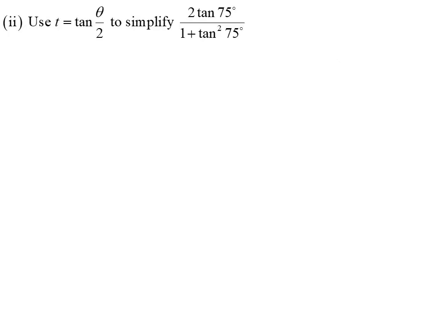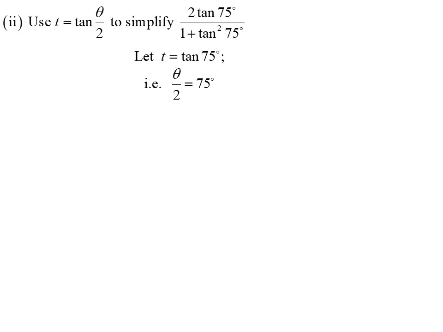We're going to use t equals tan theta on 2 to simplify this expression: 2 tan 75 on 1 plus tan squared 75. We notice it's not the double angle result, because the double angle result would be on 1 minus tan squared. I guess that's why they're giving us the hint there, use the t results, because that is the t result. In that case, that must be representing tan 75.